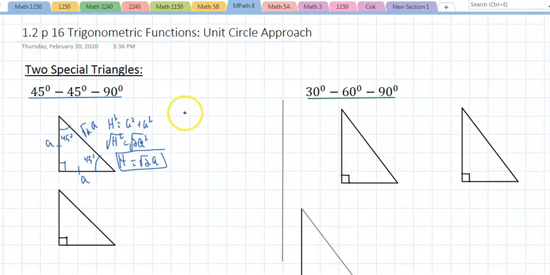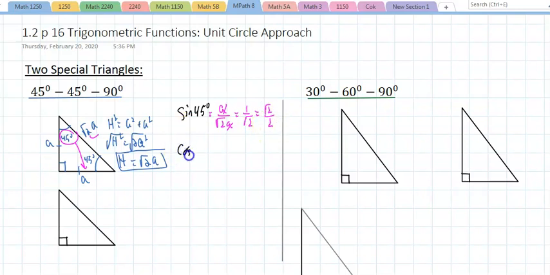That is, if I look at the sine of 45 degrees, and in case you're wondering, assume this is the angle I'm talking about, it's the opposite over the hypotenuse. Those cancel out. I'm left with 1 over radical 2. And if you rationalize, that's radical 2 over 2.